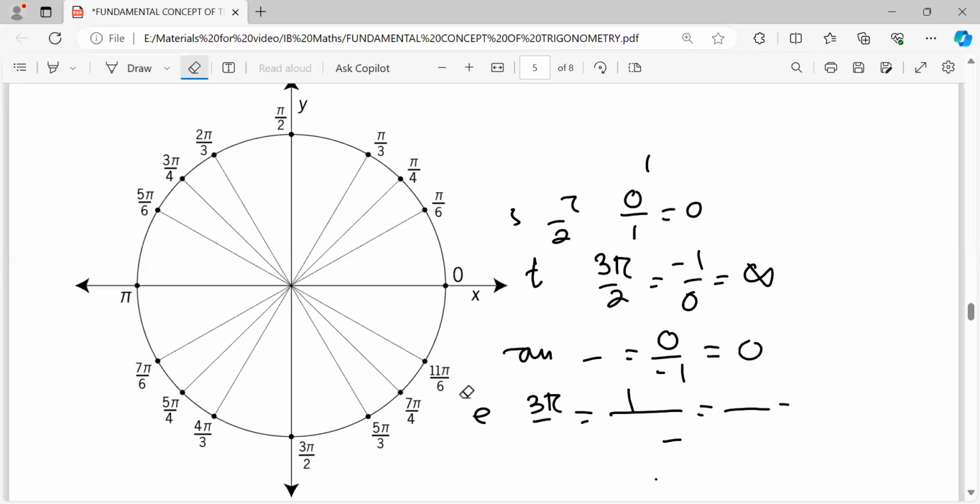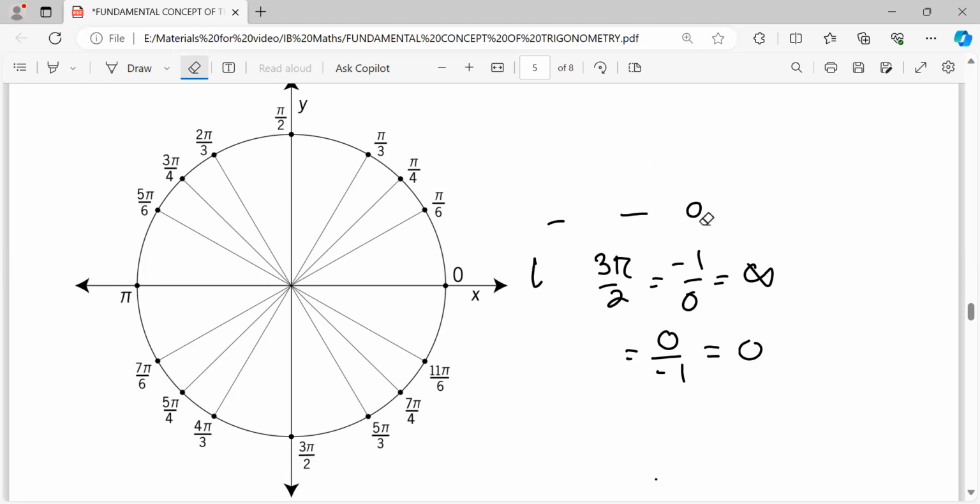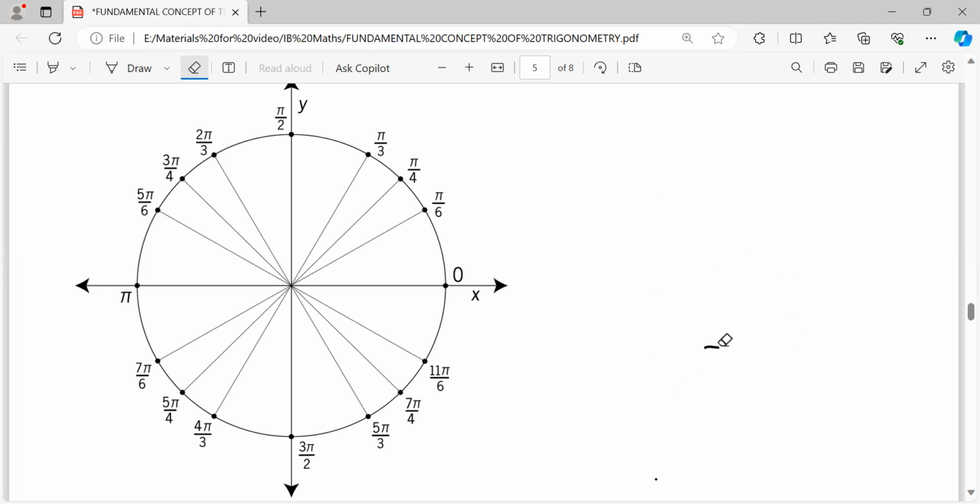And for the next angle, it is 5 pi over 3. But actually, 5 pi over 3 is the reflection of pi over 3.